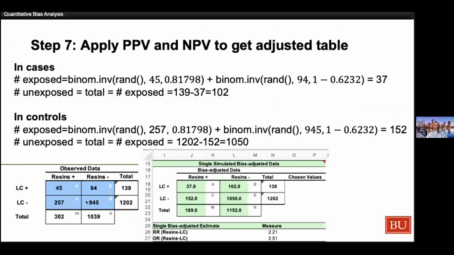Here's my observed data on the left. Here's one sampled version of that data, in which the way I've done the sampling is I've said, take these 45 people here. They were classified as exposed cases, and sample from a binomial distribution with a probability of correct classification of 0.81798.